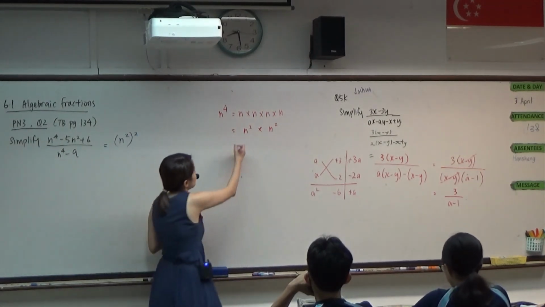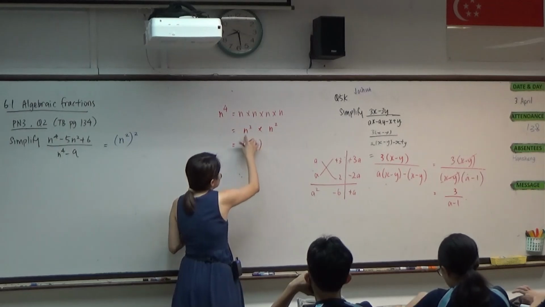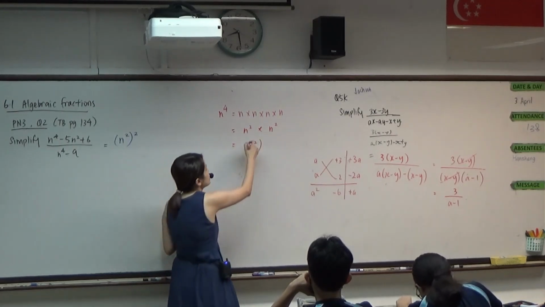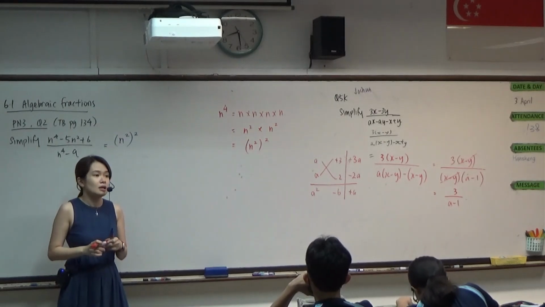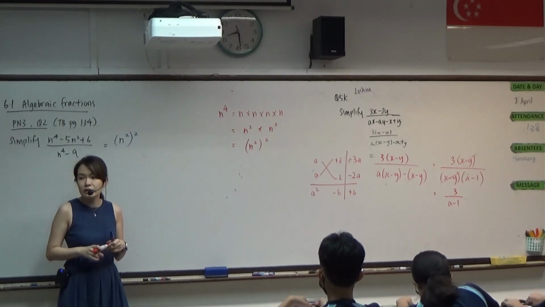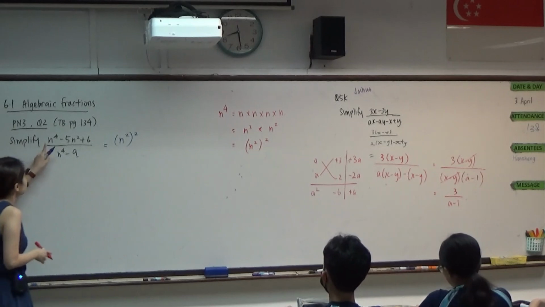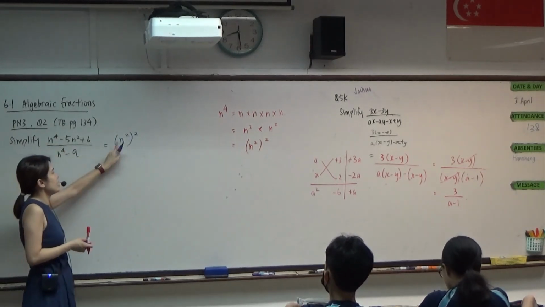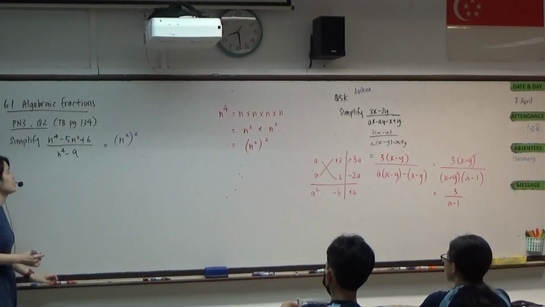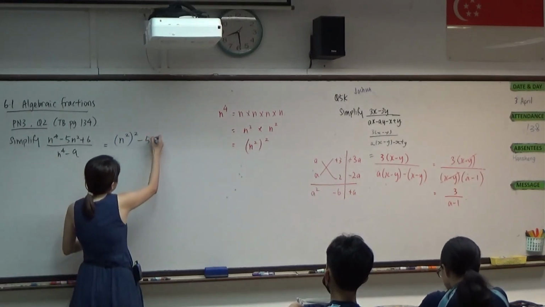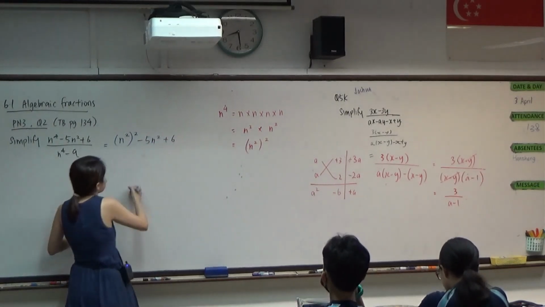So isn't it right to say this is a repeated multiplication of n squares, so n squared to the power of 2? Agree? So my n to the power of 4, I write it as n squared to the power of 2, then minus 5n squared plus 6.